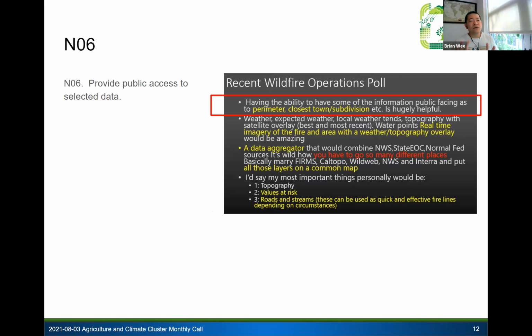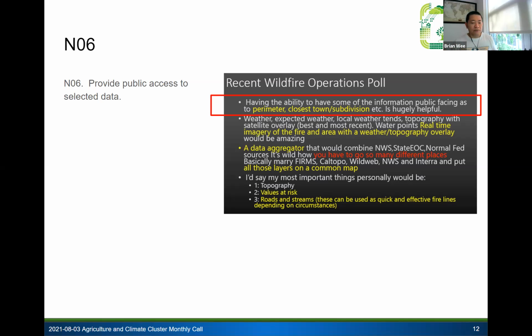In case you cannot see this on the screen, what I'm pointing to is, you said having the ability to have some of this information public facing as to perimeter, closest town, subdivision, etc. It is hugely helpful. But I interpreted this to mean that you want some of this data to be available to the public.